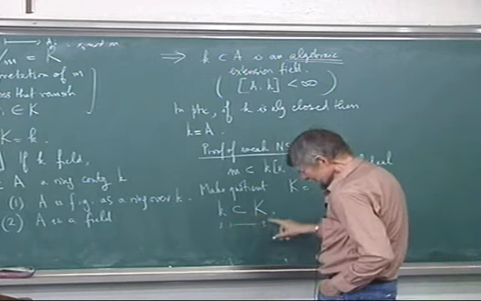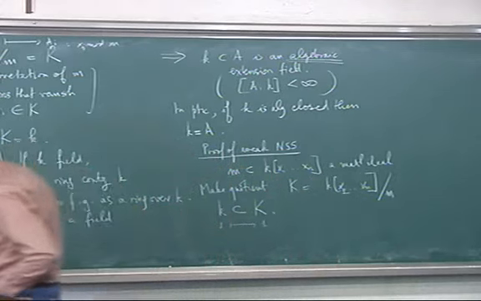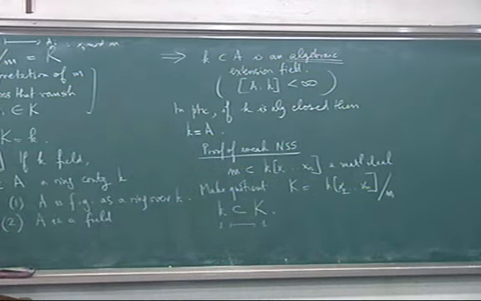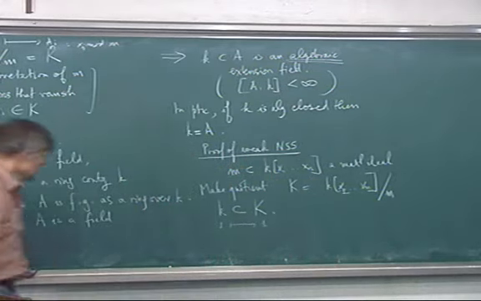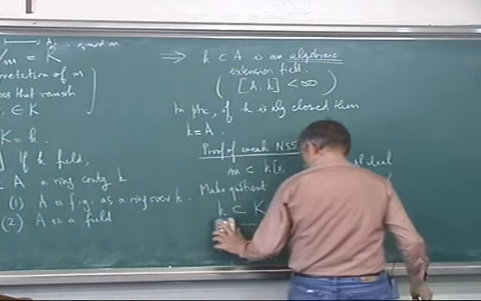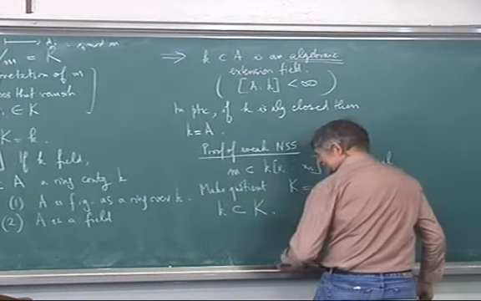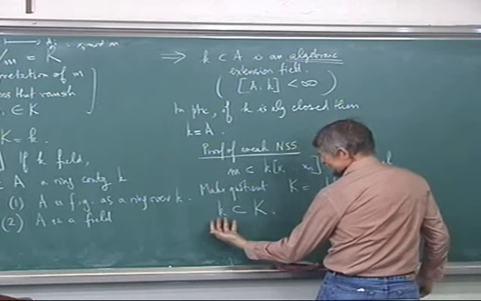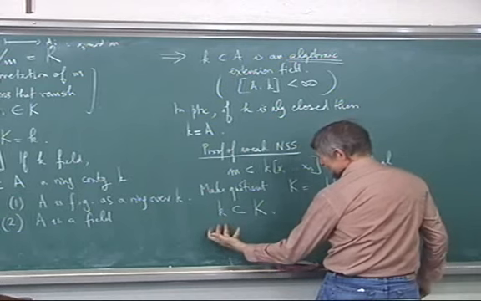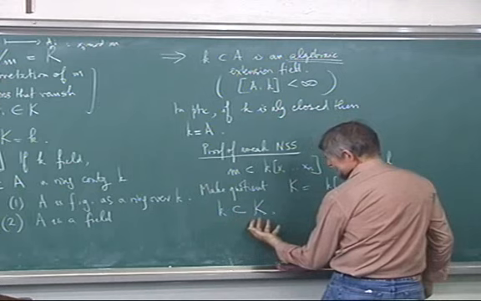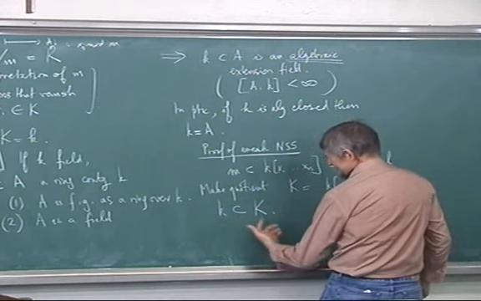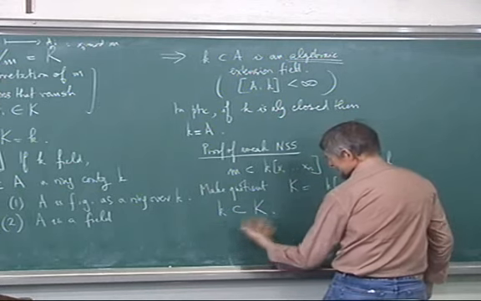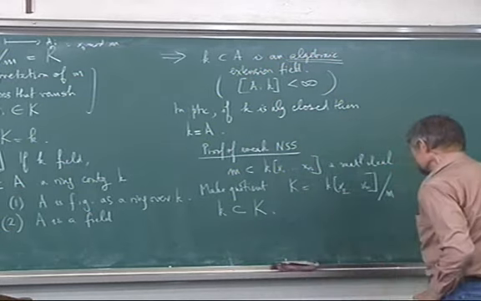Right, so a homomorphism between fields is always injective. It's just the definition of a field that 0 is not equal to 1. So 0 is not equal to 1 here, and that implies that 0 is not equal to 1 here. The field extension 0 goes to 0 and 1 goes to 1, and so the map must be injective.